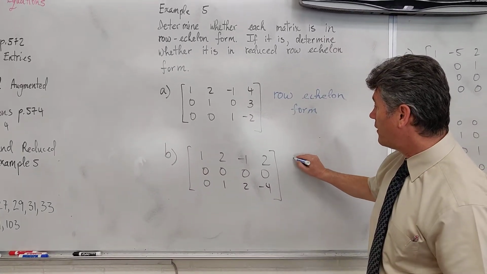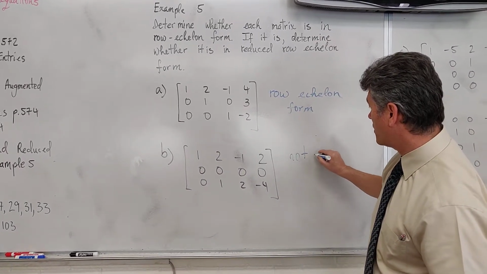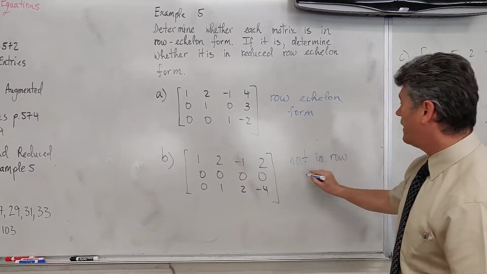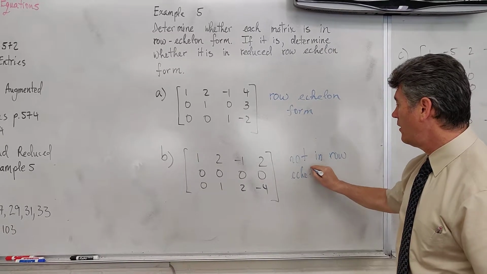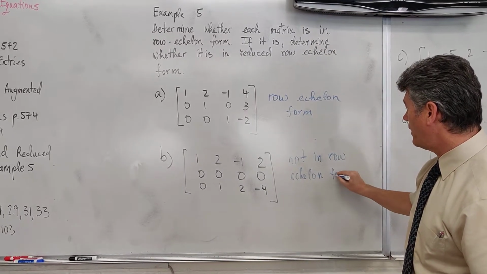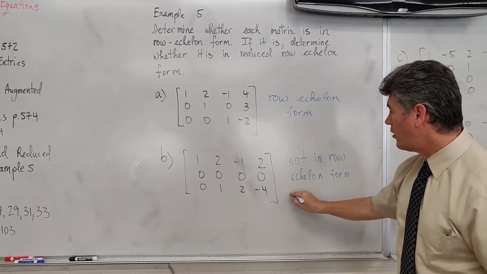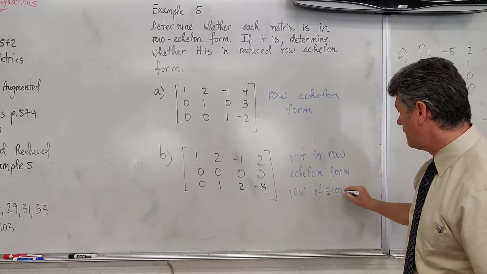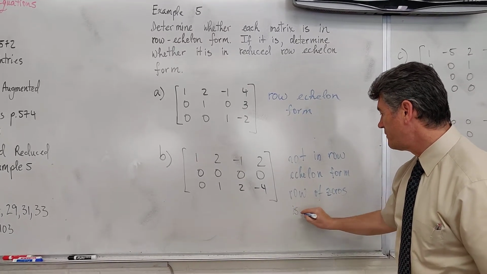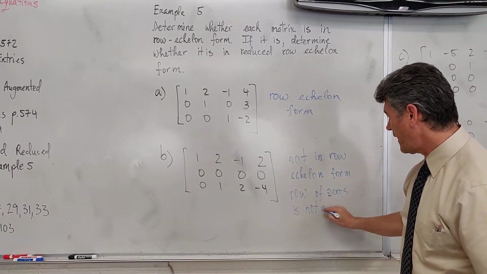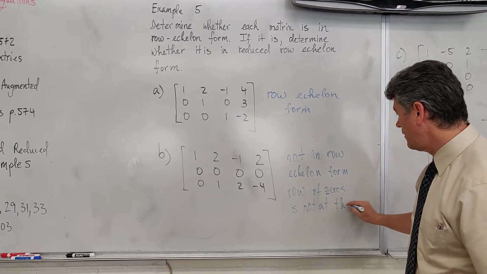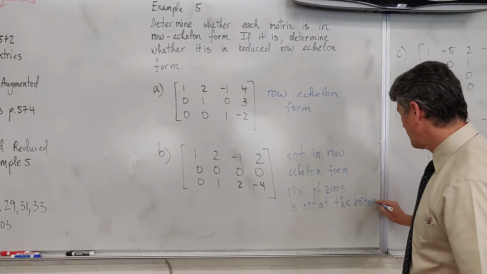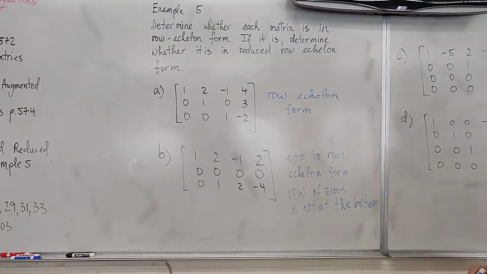So the matrix is not in row echelon form. The row of zeros is not at the bottom.